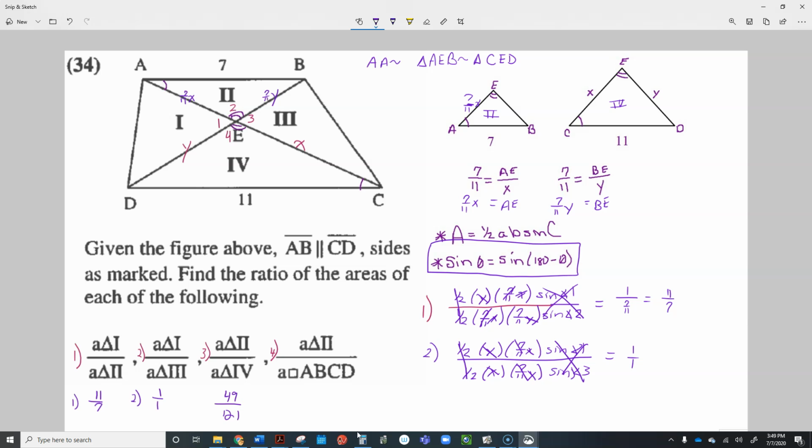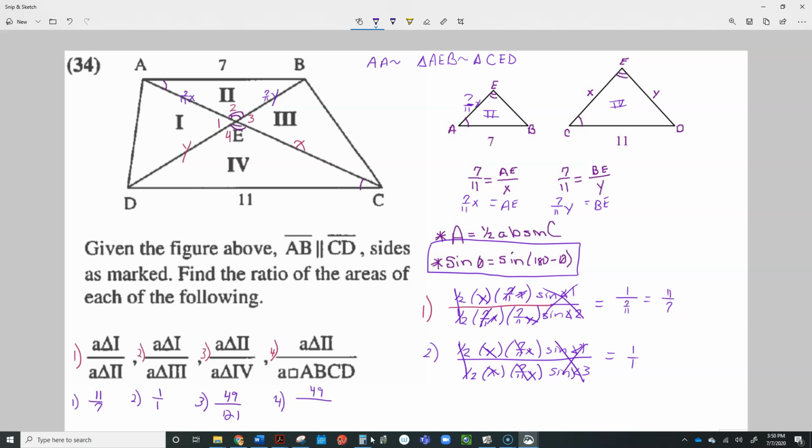Okay, so now we're going to do this last one, and we already know that the ratio of areas for triangle number 2 is 49. So for the top part, we know it's 49. And now we've got the ratio 7/11 right here to help us. We take the 7 up here and we square it, and that's where we got the 49.